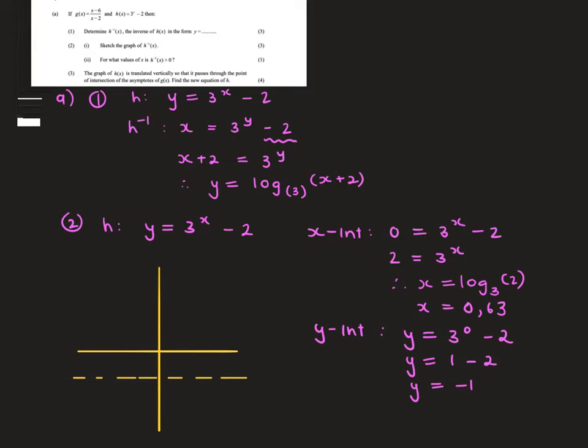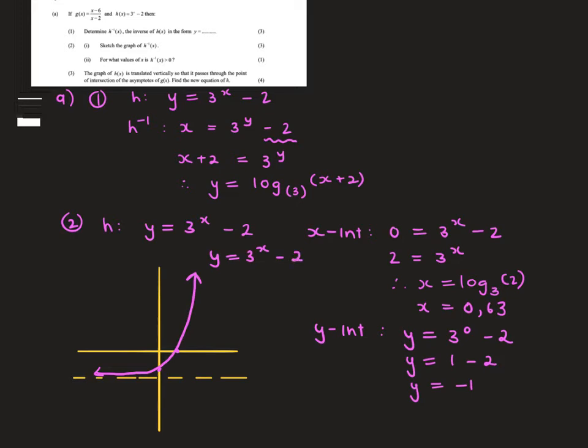I think it helps explain the inverse so much better if you've got the original function there as well. So we said that the x-intercept was at 0,63, so let's say about there. The y-intercept was at -1. So your exponential graph was looking like this. Okay, so that was y is equal to 3 to the x minus 2.